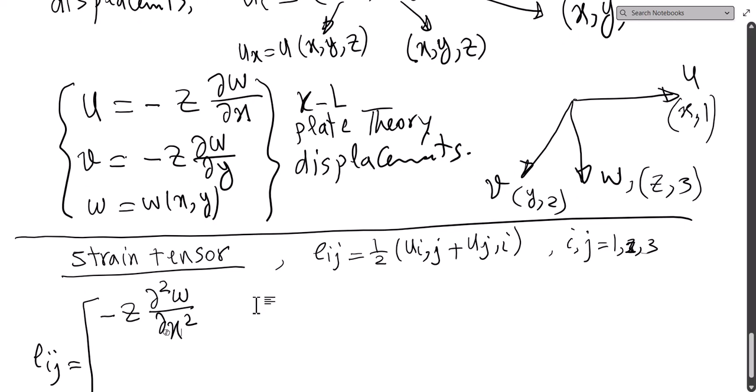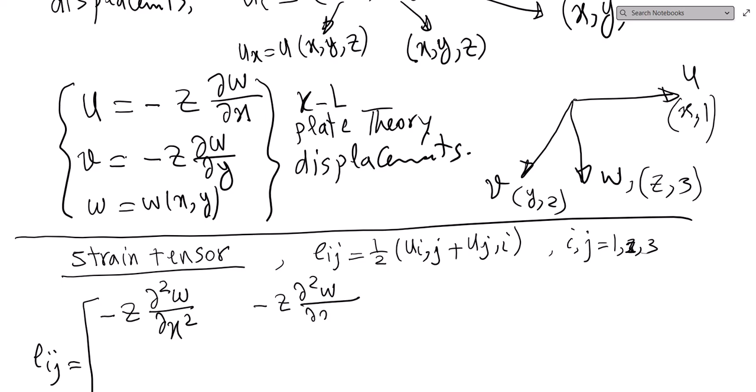This is my first normal strain. The second one becomes minus z d2w dx dy. The third one goes 0, and it is easy to see this because this is 1, 3. So i is 1, j is 3. So du d3 is dw dx.